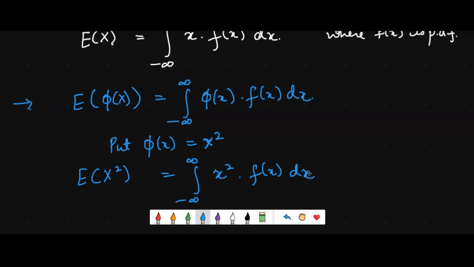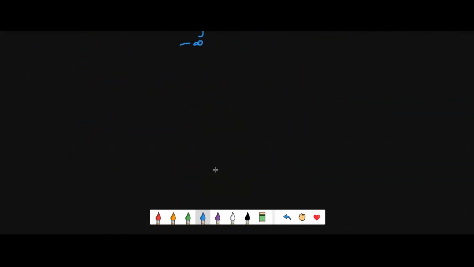So next, we have the properties of the expectation. Let me just explain to you about the properties of the expectation. These properties are very important when we'll be talking about the formulas.